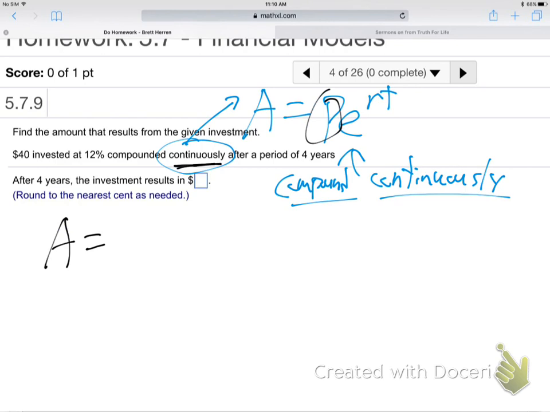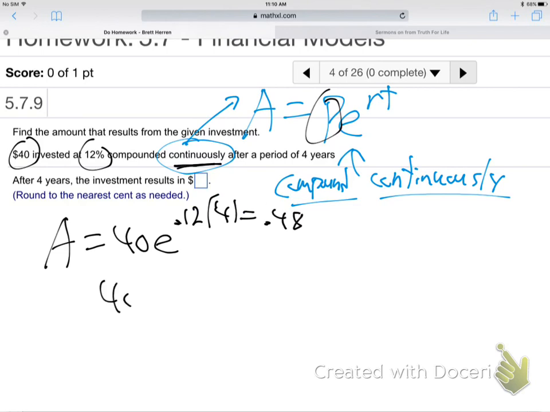What's the P? It's the $40. The E is just E. R is 0.12. It's actually a little easier formula to use. T is 4. So again, I like to figure out the power ahead of time, and that's 0.48. So on your calculator, that'd be 40 times e to the power. You have an E button, which is usually above natural log, second natural log.